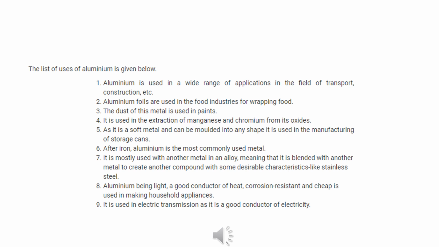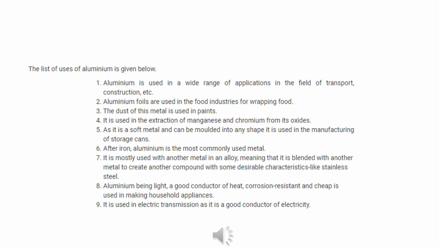So aluminium is employed in the construction of an aeroplane because it is light, and in the construction industry aluminium is important. Aluminium is used also to make some parts of buildings, like the windows. So aluminium is very important in that area.